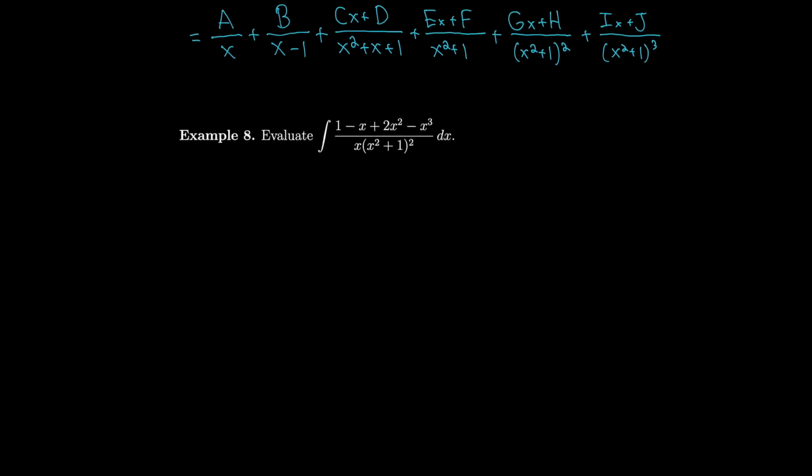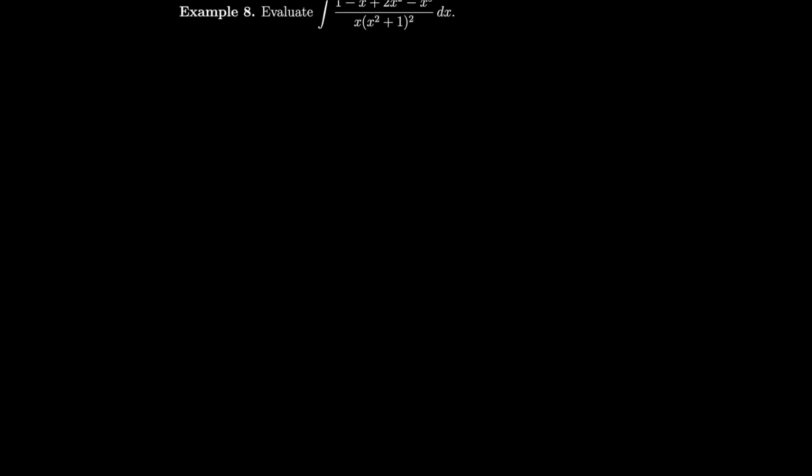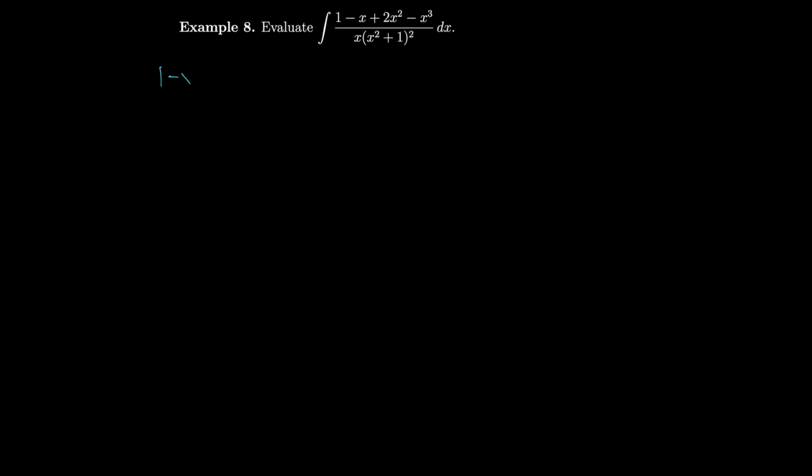So let's do a slightly less unpleasant example, but still not pleasant. So we'll take a look at 1 minus x plus 2x squared minus x cubed over x times x squared plus 1 squared.